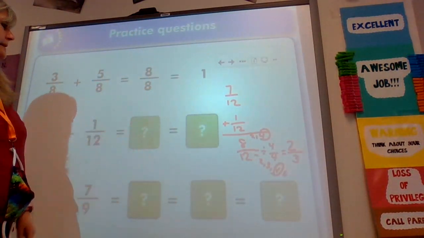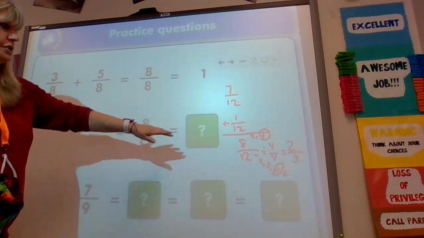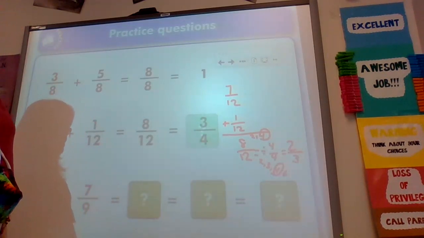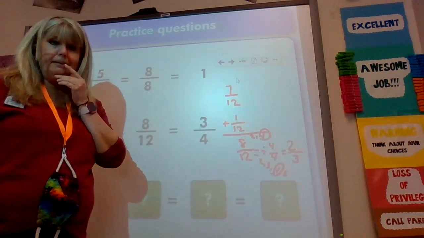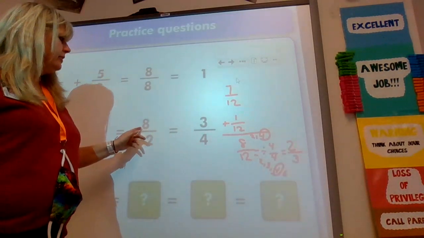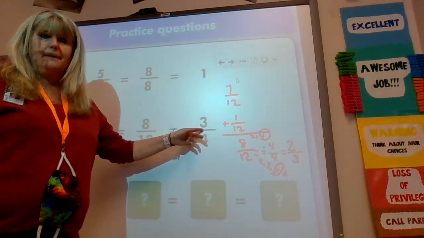Let's see what they did. 8/12, which is what we've got, and then they reduced it to 3/4. Ooh, Miss Fuller made a mistake. What did she do wrong? No, I don't think I made a mistake. They made a mistake because this cannot be reduced down to 3/4.